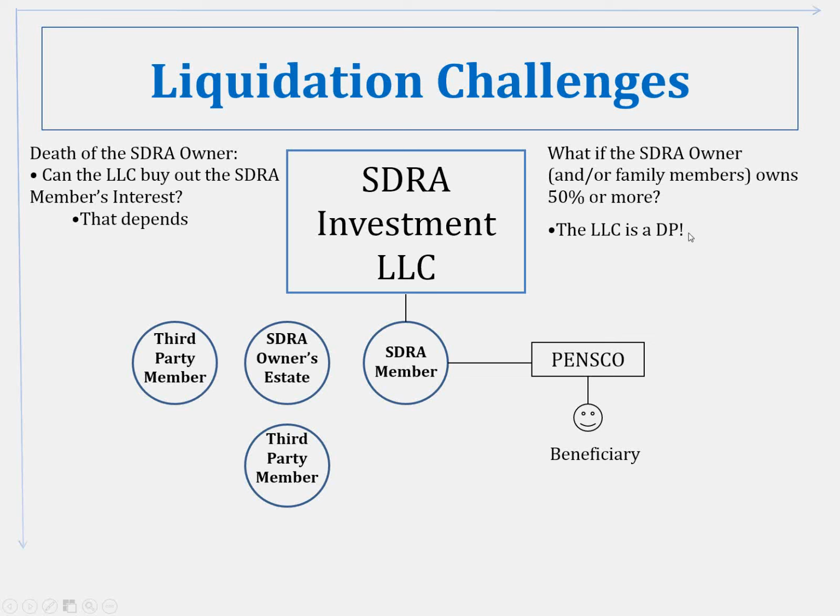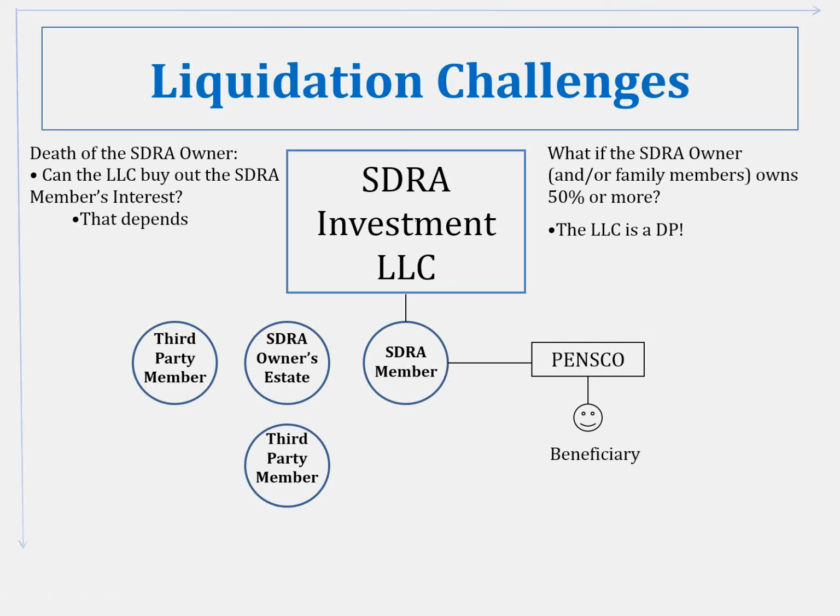Well, the LLC is a disqualified person with respect to the retirement account, because it's an entity that's owned 50% or more by disqualified persons. So, what happens then? Now we have a situation where the IRA member, the self-directed retirement account member, not only can't sell to the other members of the LLC, it can't even sell to the LLC itself.